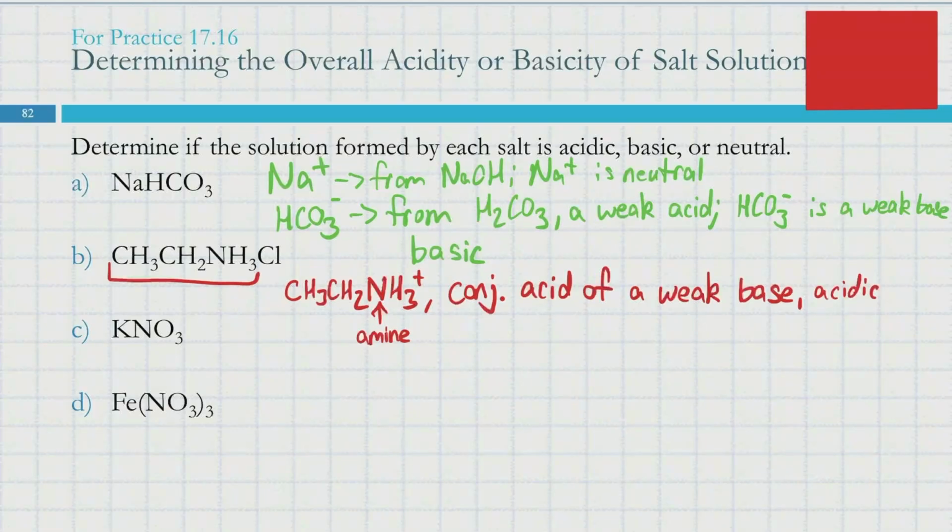And then the other side of the coin, our Cl minus, if we added H plus then we would have HCl, which is a strong acid.